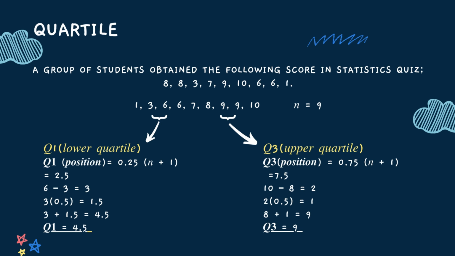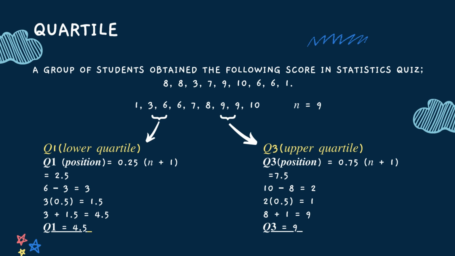So let's put the 1.5 below. 3 plus 1.5 is equal to 4.5. So that is the middle data of 3 and 6. It's just like finding the median between the 3 and 6.